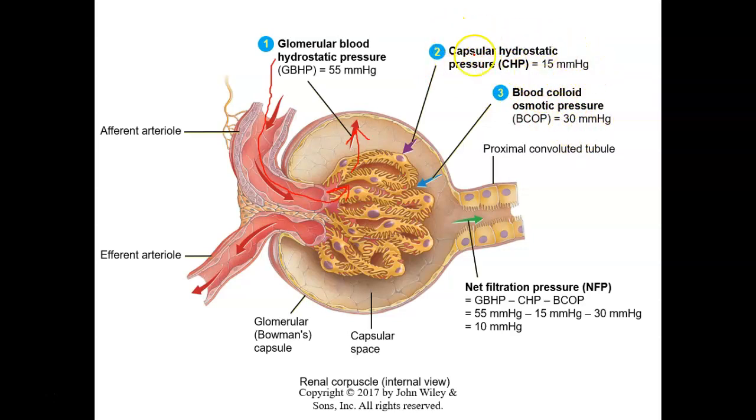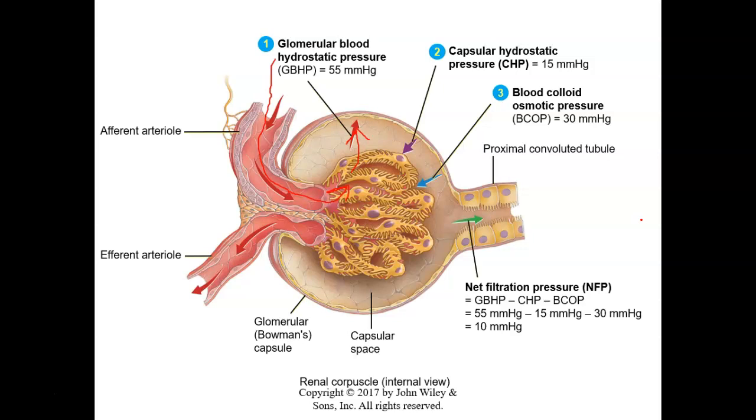This one here, capsular hydrostatic pressure, we really don't look at quite so much because that doesn't change. That's basically the resiliency of the capsule itself. Like for instance, when you stretch a rubber band, even though it's super easy and you don't feel any resistance, as you stretch it, it's resisting that motion.